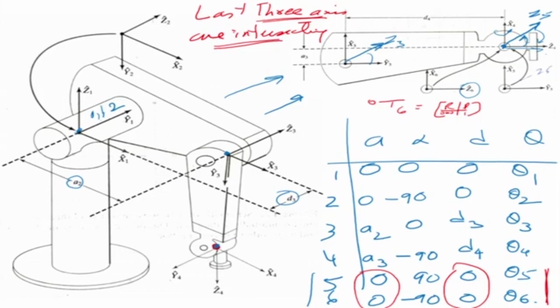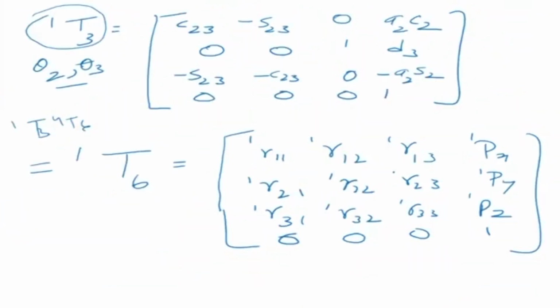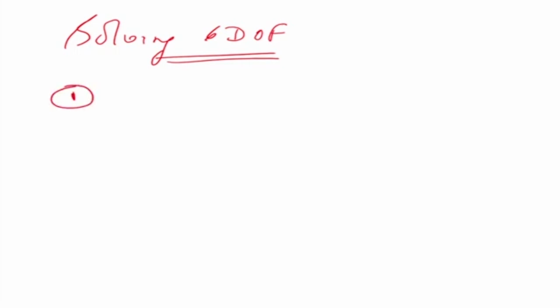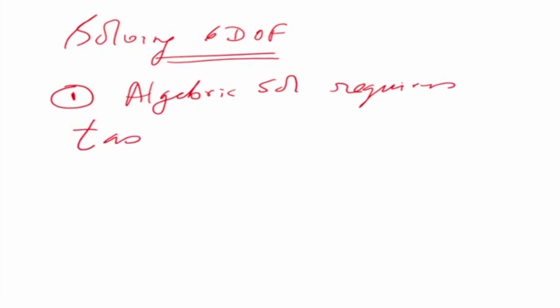So from here we understand that if you want to solve a 6 degree of freedom system, I'll just write it here. Solving a 6 DOF system requires, for the system to have an algebraic solution, that the last three axes be intersecting.